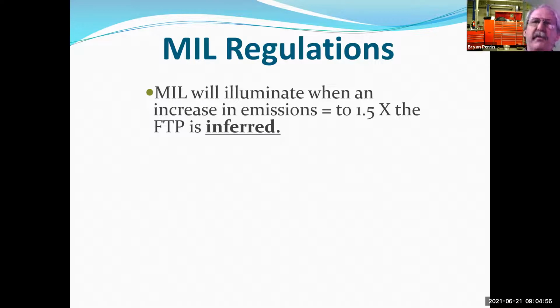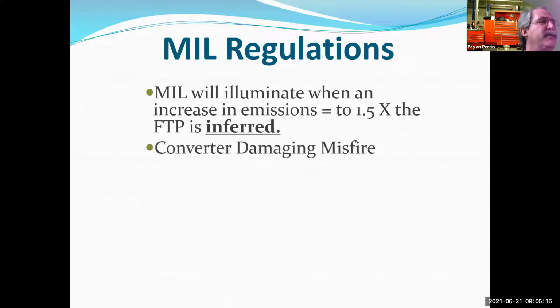So do you think they're going to probably turn that on before it hits 1.5 times? Oh, absolutely. As much as they don't want the light on, because that means warranty repairs and customers get unhappy, they don't want to go the other way where they're going to get their hand slapped really hard either. So catalyst damaging misfires is one of the big issues we have.